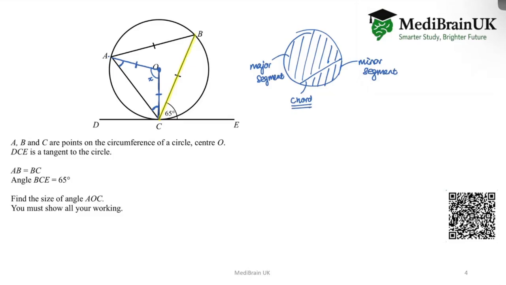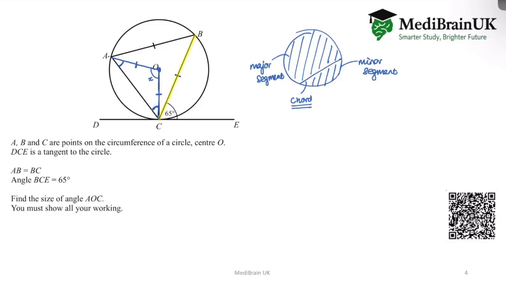Okay, that is one chord that you can see. And you can see that there is a major segment to the left of it, and then there is a minor segment to the right of it. And what does alternate segment theorem mean? Alternate segment theorem means that the angle in one segment, the angle which is opposite that in the other segment, is going to be equal.